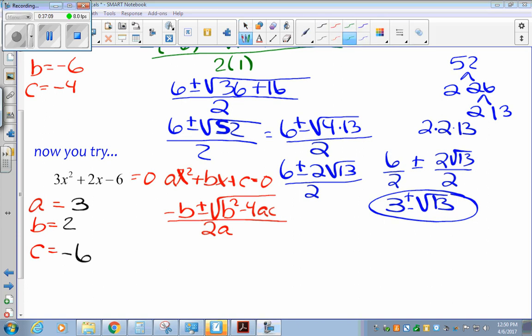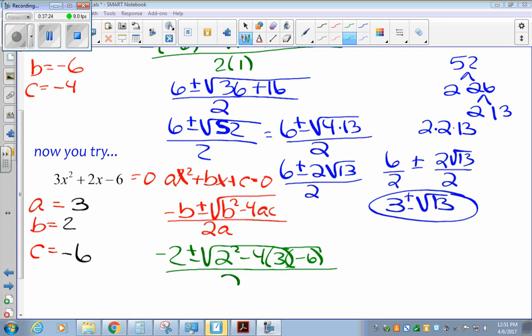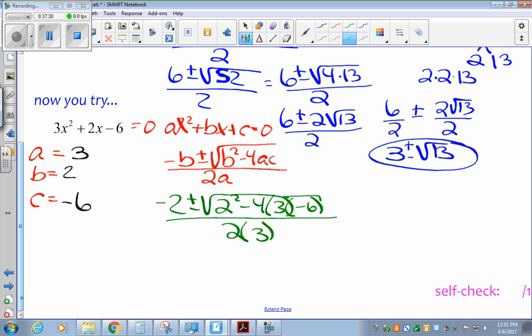All right, so let's plug it in. Negative 2 plus or minus 2 squared minus 4 times 3 times negative 6, divided by 2 times 3. Negative 2 plus or minus, this guy is 2 times 2, which is 4.